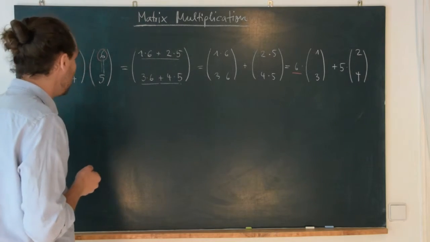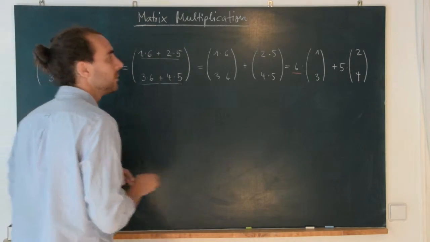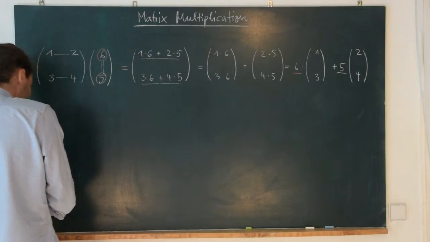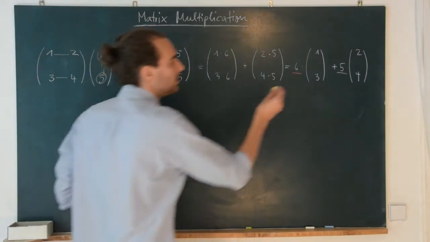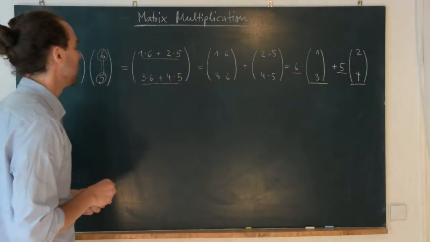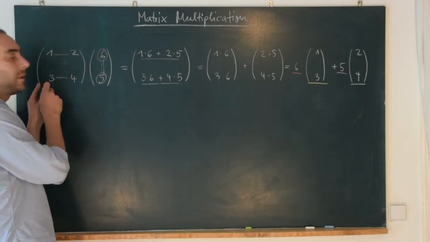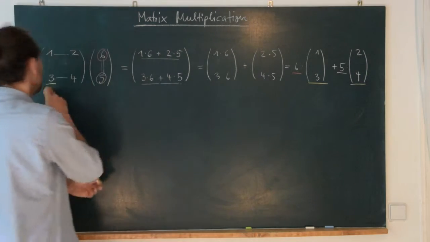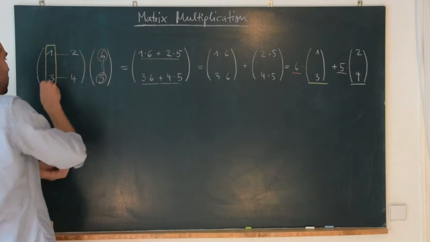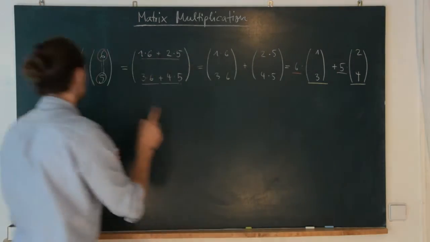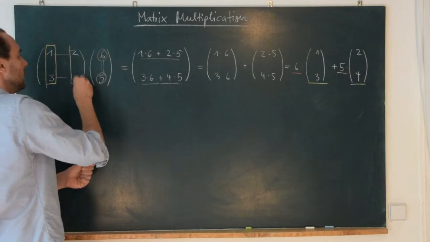The second scalar, 5, is the second entry of our vector. And these two vectors here are nothing else than the columns of our matrix. The first vector is the first column, and the second vector is the second column.